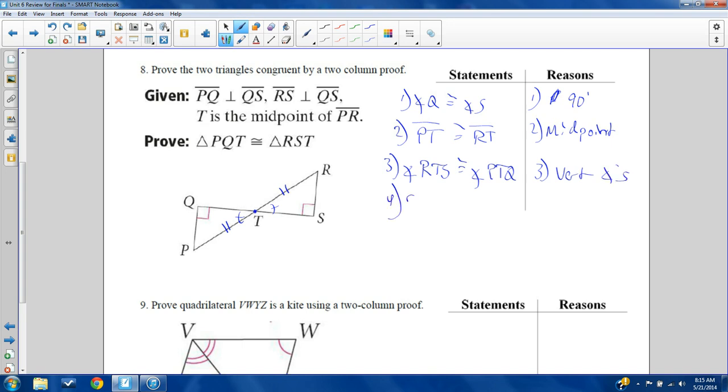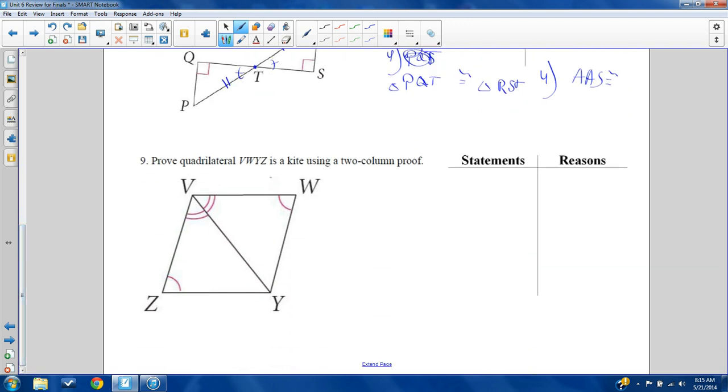So finally, triangle PQT is congruent to triangle RST. I'm using angle, angle, side, angle, angle, side. Again, another set of right triangles. It's not HL. I'm surprised none of these were HL. And the final one, got to rush through this one.